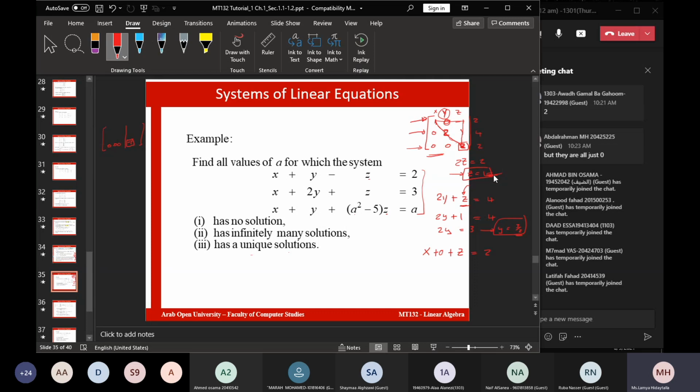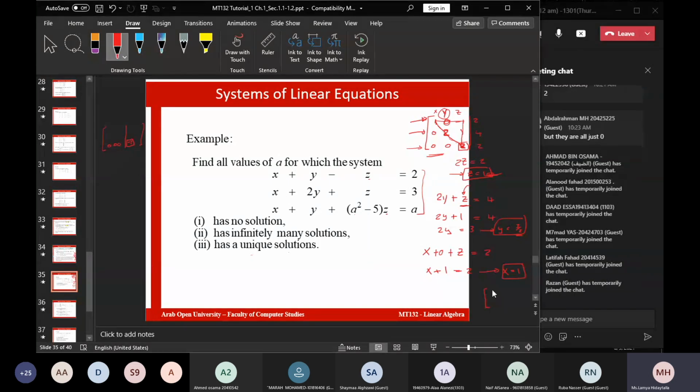But z is 1, so x plus 1 equals 2, and this implies x equals 1. So I also managed to solve the system. The solution is x equals 1, y equals 3 over 2, and z equals 1. So this is the solution, correct?